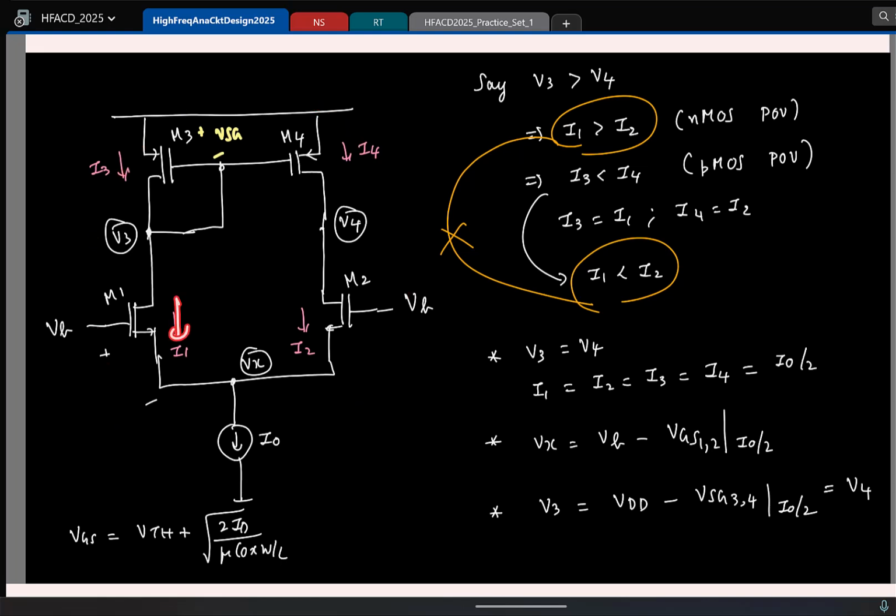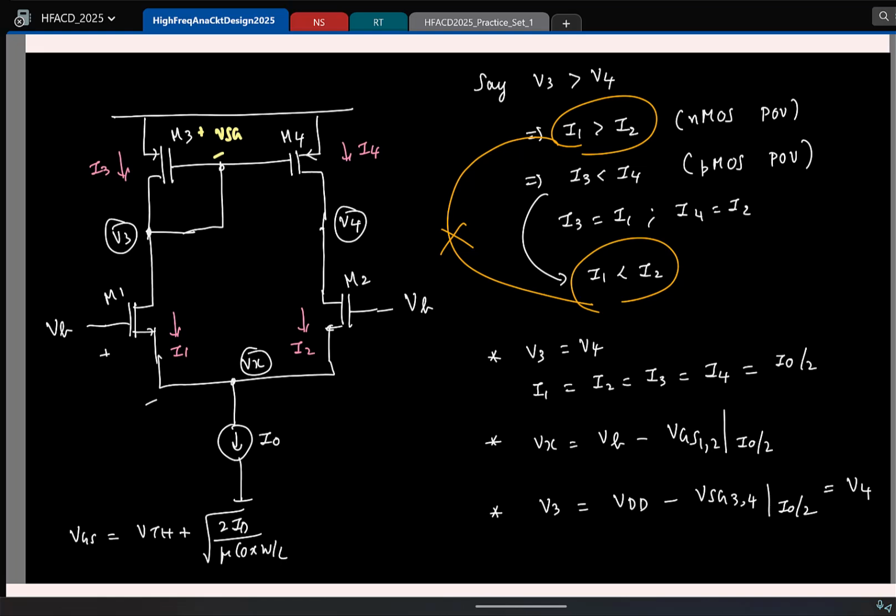Then the currents in both branches are equal, and so will be the two drain voltages, right? Another point we noted was, if I increase the bias voltage VB, do you think the currents in the transistor change? No. But what changes to keep the bias current constant? Yeah, this common source voltage Vx changes automatically to keep the current constant.